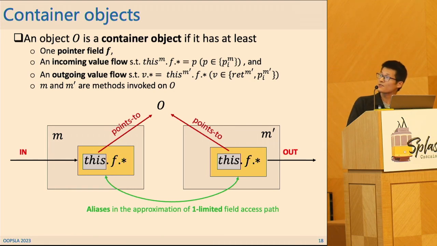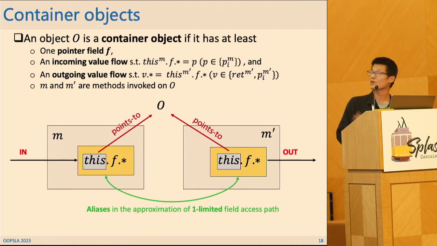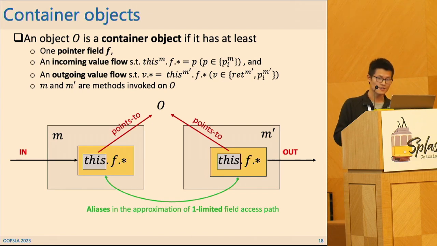As you can see from this figure, we have made an approximation here. We only differentiate one field F and do not care about the other field access paths that are longer than the field. So the two field access paths in the two yellow boxes are aliases in our model.